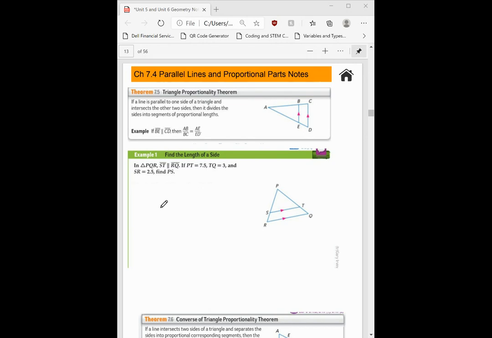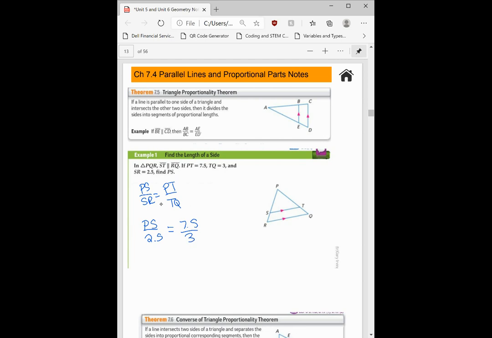So in example 1, we are going to write that PS over SR is equal to PT over TQ. Well, we know by substituting in numbers that SR is 2.5, PT is 7.5, and TQ is 3.